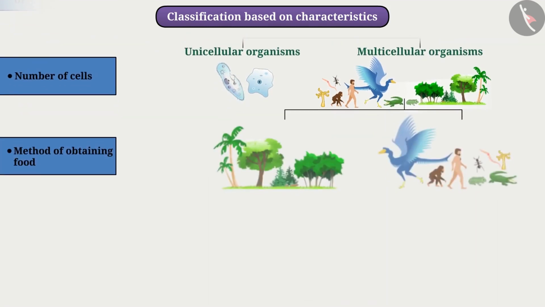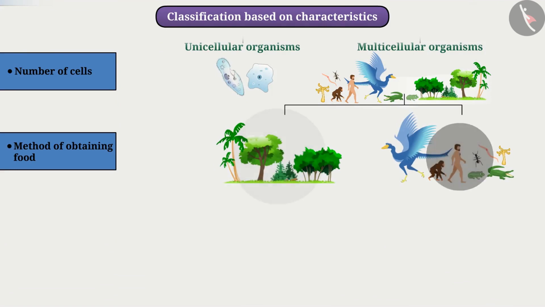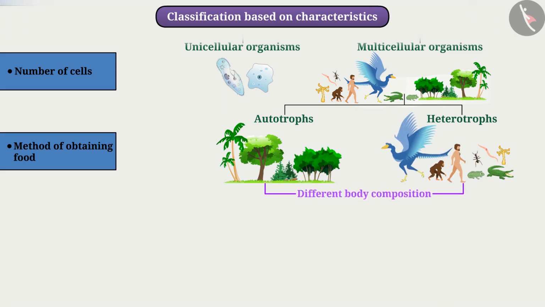Method of obtaining food. Different organisms have different methods of obtaining food. The body composition of organisms that make food themselves and those that obtain food from others are different. The body of plants developed in terms of making food, while the body of animals develops in terms of obtaining food from outside.